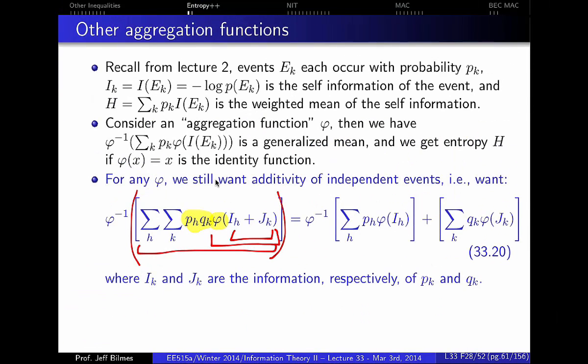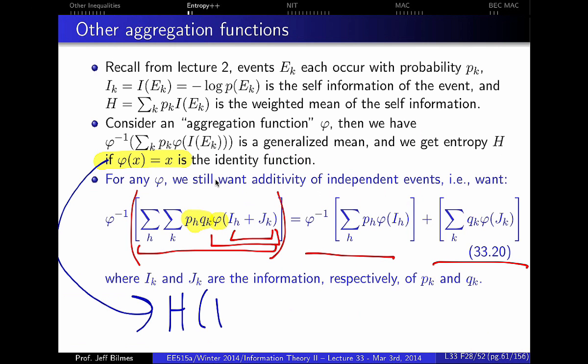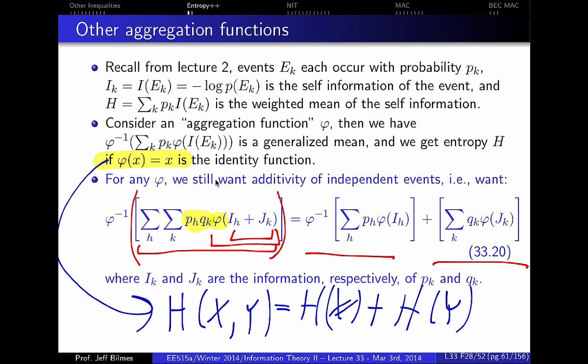Since these events are independent, we probably want additivity. Certainly for the identity aggregation function, we have independence of random variables. For the identity function, what we get back is that the entropy of X and Y is equal to the entropy of X plus the entropy of Y when X is independent of Y. Independent random variables are those whose probability is equal to the product, which we have right here.